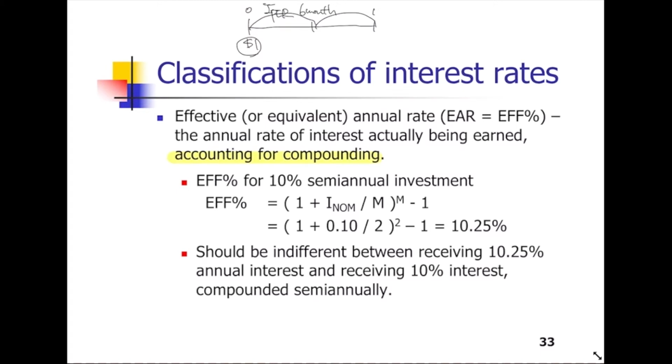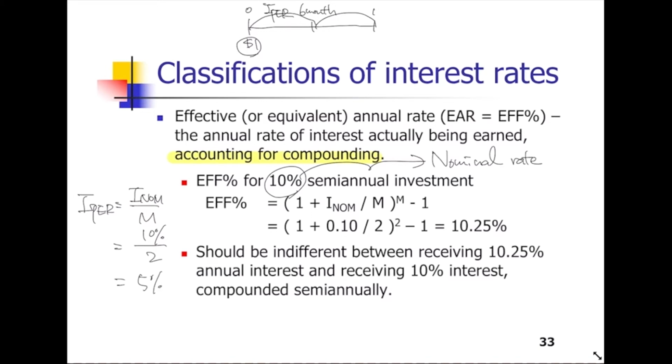Let's say 10%. Here this means the nominal rate. So we should calculate the period rate. Period rate is nominal rate divided by m. In this case, the nominal rate is 10%. The m, the compounding period, is 2, right? So the period rate is 5%, and 5%.